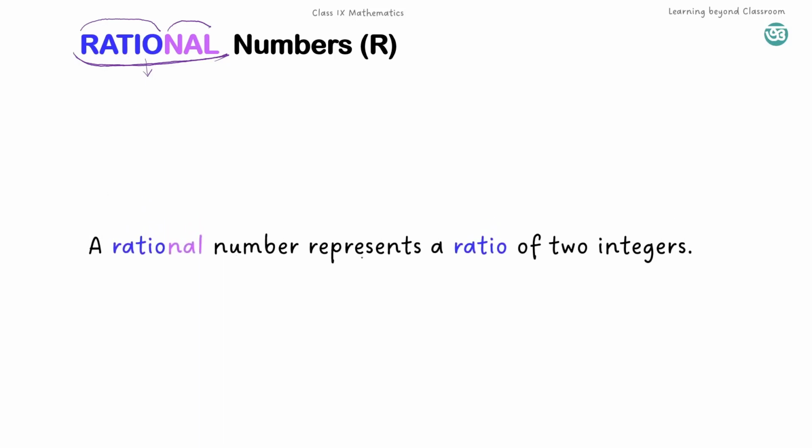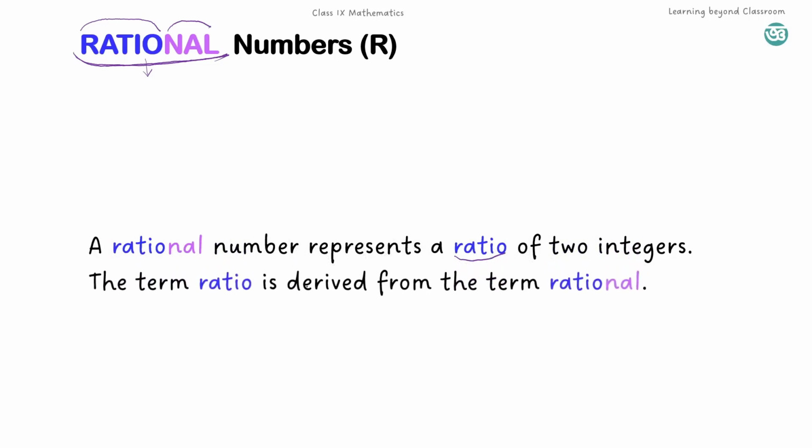A rational number represents a ratio or fraction of two integers. In fact, the term ratio is derived from the word rational, but the word rational is not derived from the word ratio.